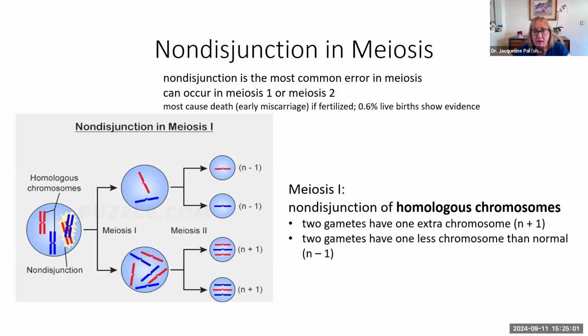So if the non-disjunction happens in meiosis 1, all of the final cells will be abnormal. None of the cells will have the normal 46 chromosomes. They all will be either short or over.